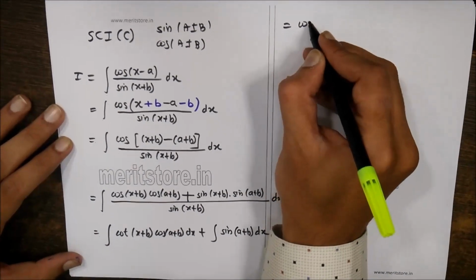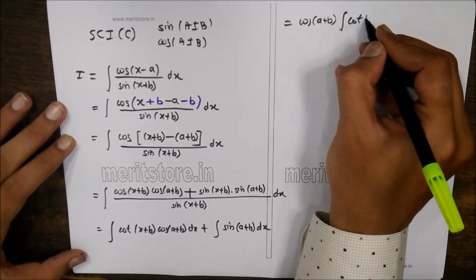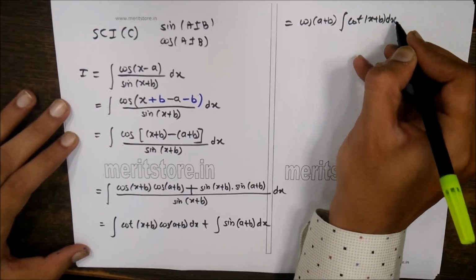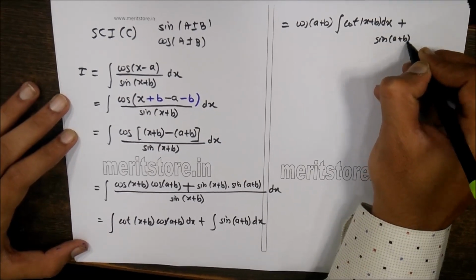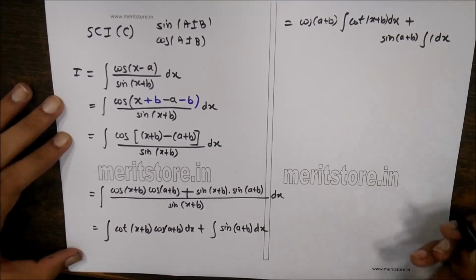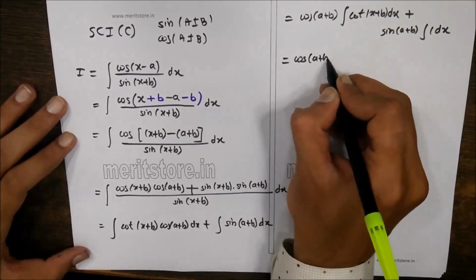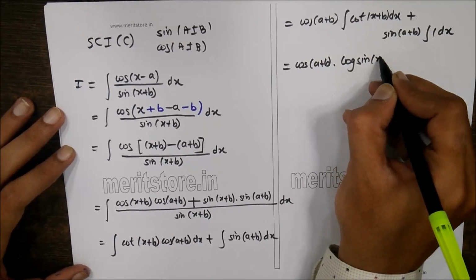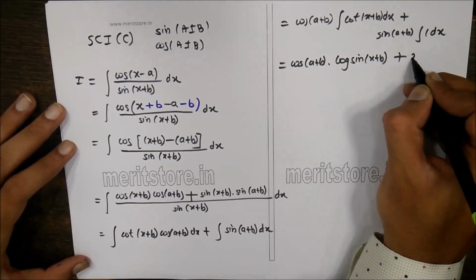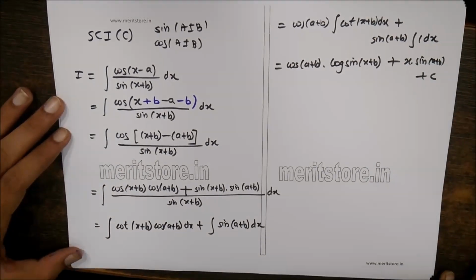It becomes cos of a plus b integral of cot of x plus b plus sine of a plus b is a constant, comes out, and I'll be integrating 1 dx. My final answer: cos of a plus b into integral of cot, which is log mod sine of x plus b plus x into sine of a plus b plus c.